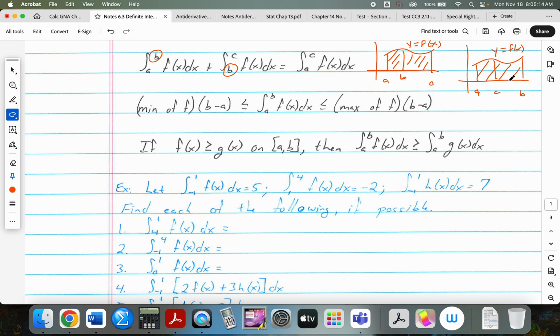Plus the integral from b to c, but the integral from b to c, notice I'm going right to left instead of left to right, so it's going to be negative. It's going to subtract that off. So it's going to give you the integral from a to c. It's going to give you this area that's left. So the order is not important in this.